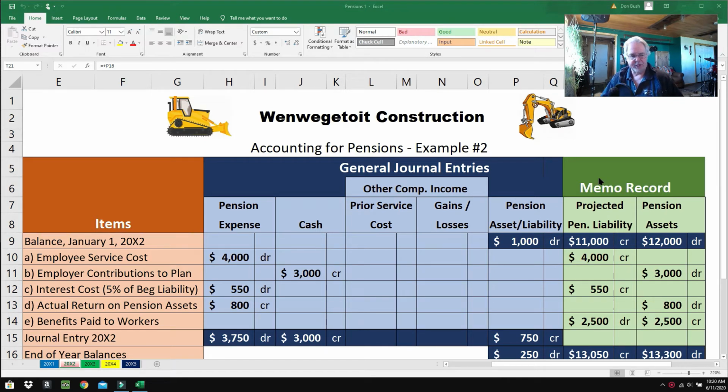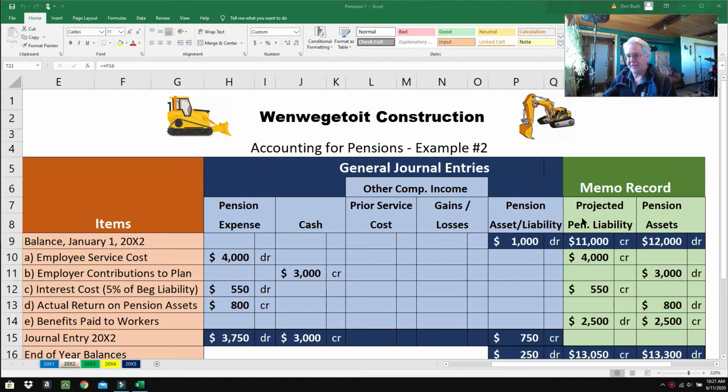So here we go. The balance January 1st, 2002. Let's go over here to the green area, the memo record. Pension assets, $12,000. Now this is not on our books. This is on the trust fund, the people that are watching the pension for us. So $12,000 debit.